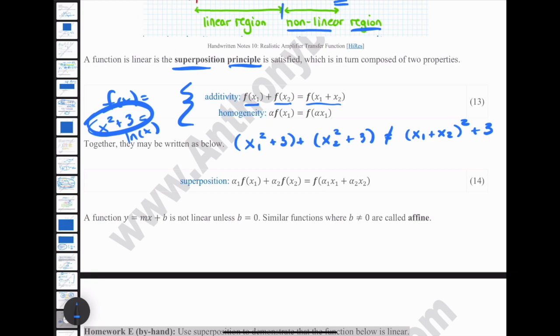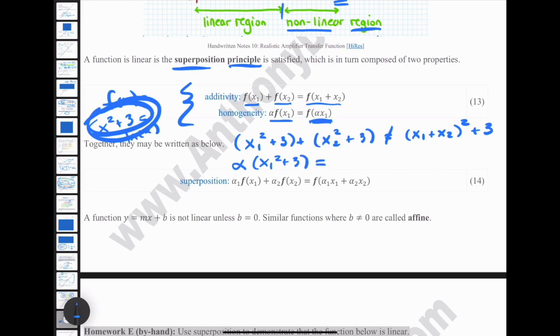We also have homogeneity. Homogeneity states that if we take a function and we multiply the output of that function by a constant, that should give us the same answer as if we multiply the input by that same constant. So let's try it again for our function over here. We have alpha times x1 squared plus 3.